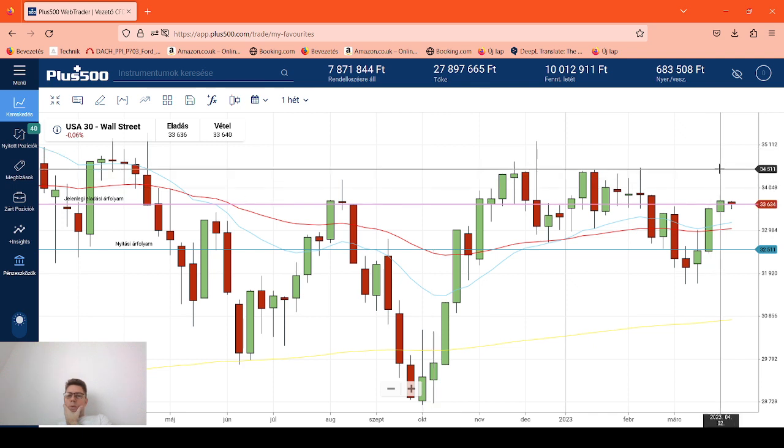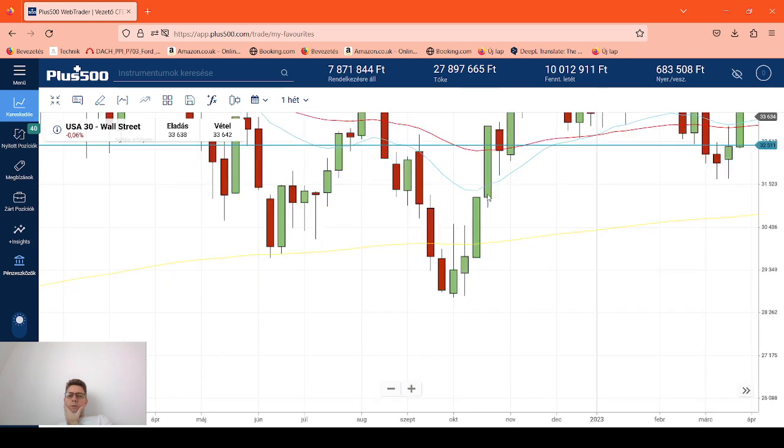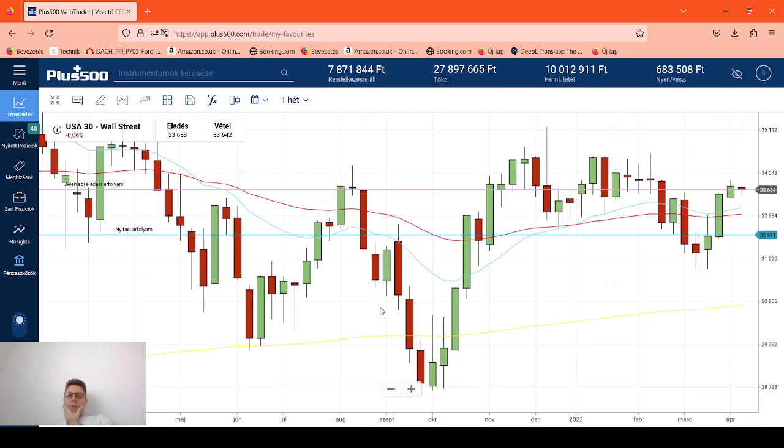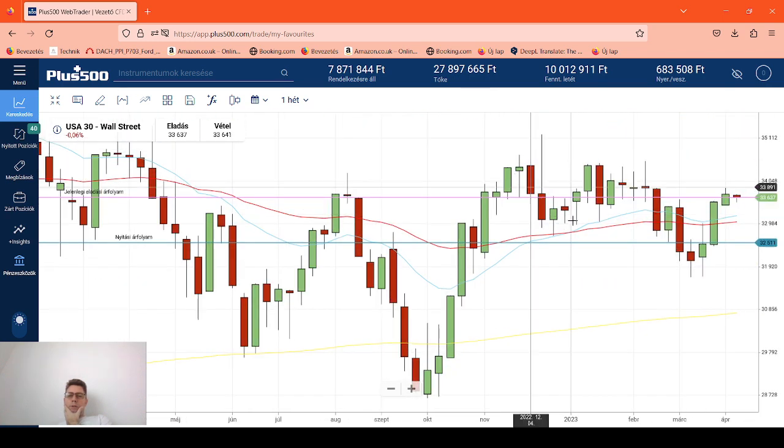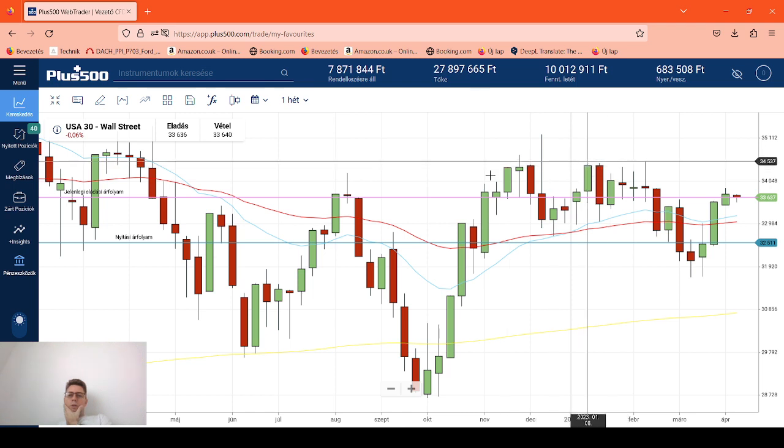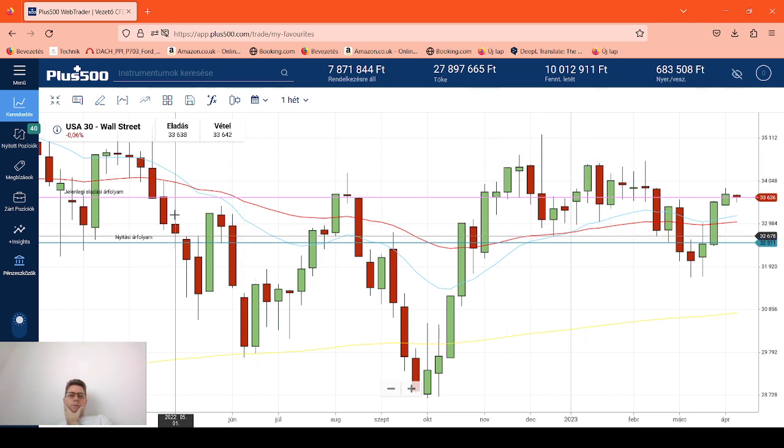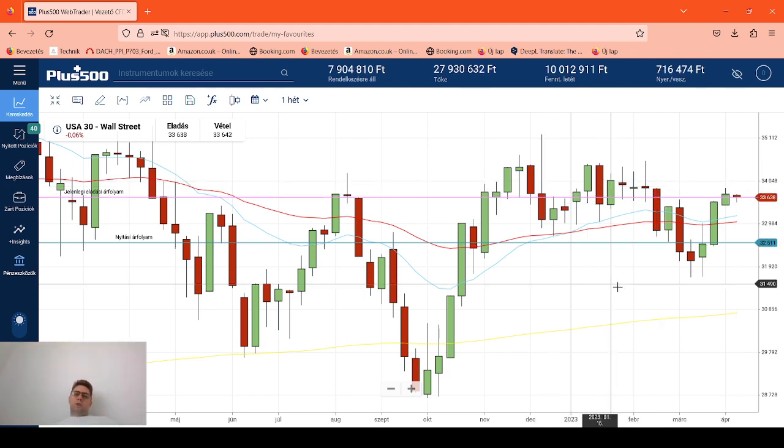Once it is formed, and if we break above this area, I will count the price target. I think I already told about that because I thought this would finish the head and shoulder pattern, but no, of course the shoulder is big here, so we have a bigger shoulder. I'm bullish on Dow Jones as well. It's buy the dip for me.